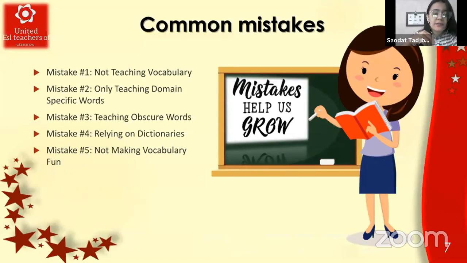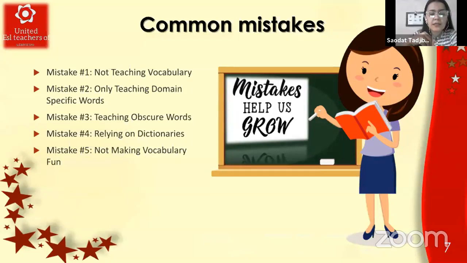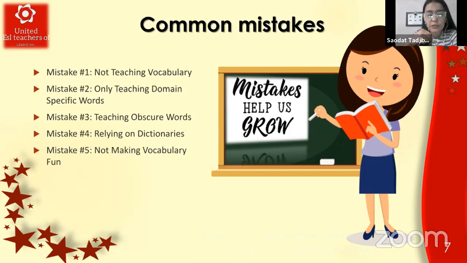So, if I turn to mistake number 2, it's only teaching the main specific words. What does it mean? It means, in my research, there are 3 main tiers of vocabulary words, where teachers, instead of having students fill out another vocabulary worksheet, don't ask them to write a paragraph using the new words.